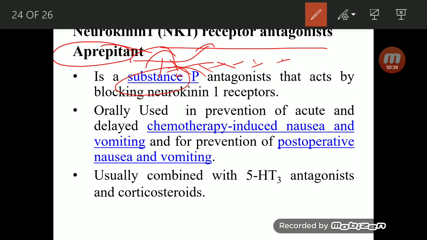Generally this drug is used in combination with other drugs such as a 5-HT3 antagonist and corticosteroids.